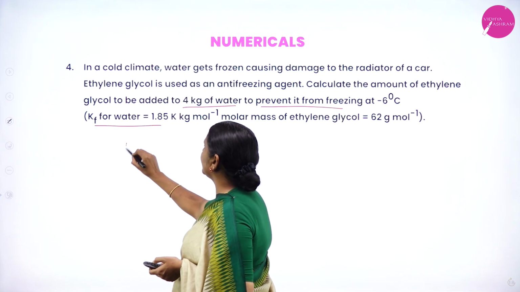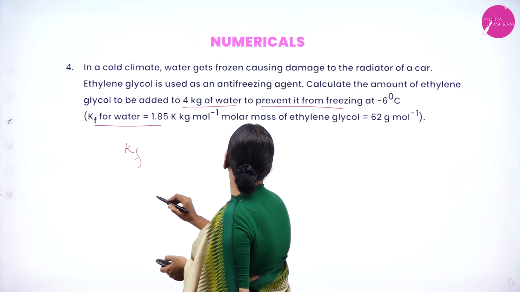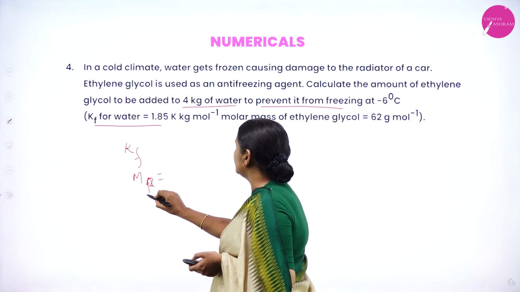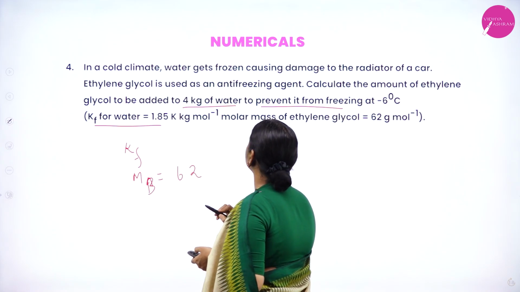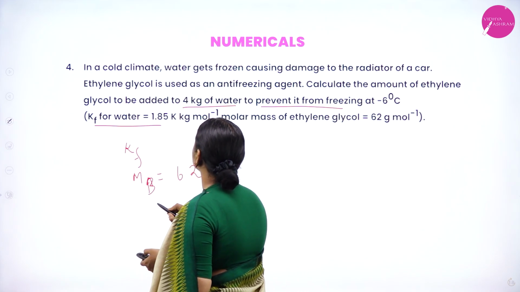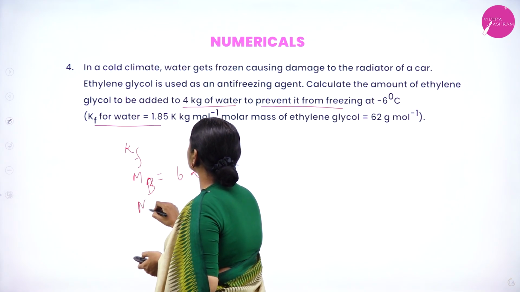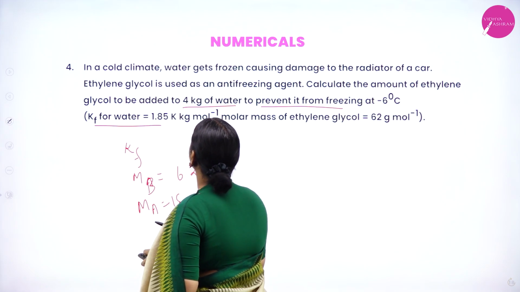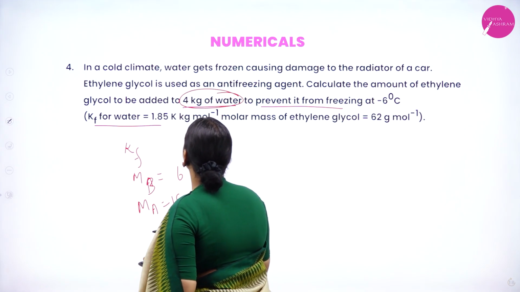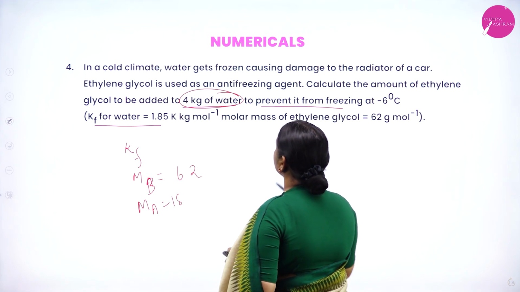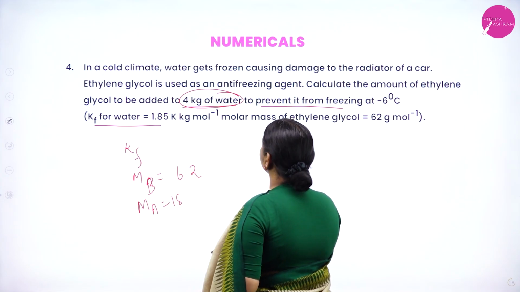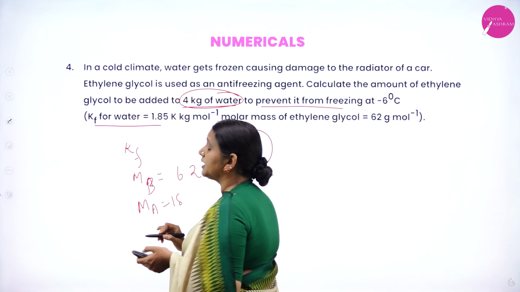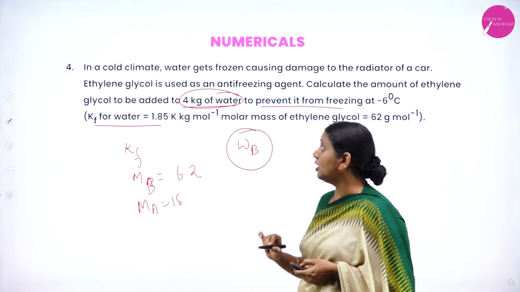Kf of water is given, Mb of ethylene glycol is 62, and Ma of water is 18. They have given 4 kg of water. By using that, you have to find the amount of ethylene glycol to be added, that is WB.